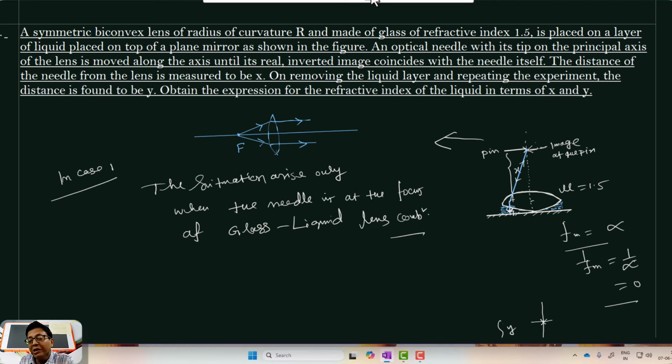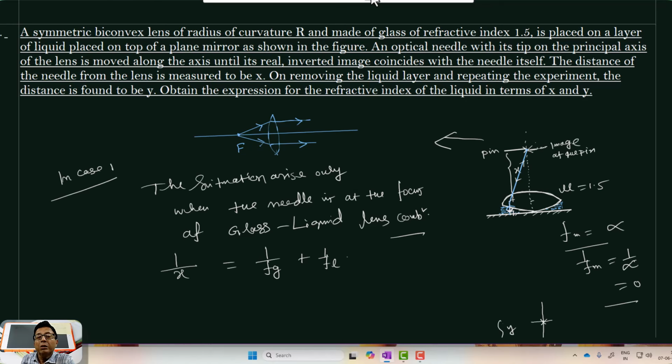Because I told you the mirror has no role to play. So this X is going to be the focal length of the glass and the liquid lens. So 1 by X is going to be 1 by Fg plus 1 by Fl. Clear?